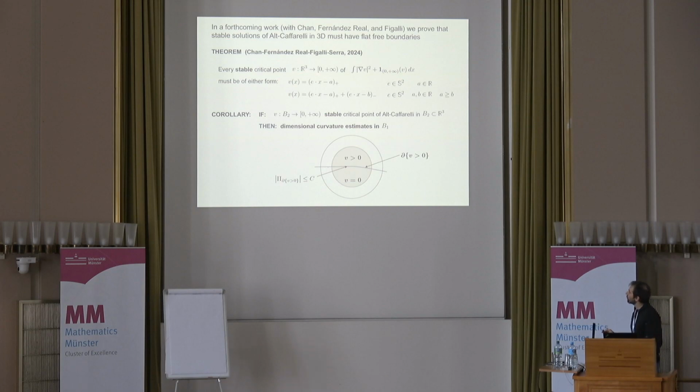If V from R^3 to [0, +infinity) is a stable critical point of this functional, the Alt-Caffarelli functional, then it must be of either form: a half-plane solution, or a two half-plane solution with parallel free boundaries, and nothing else. So this rules out any configuration of necks in 3D.